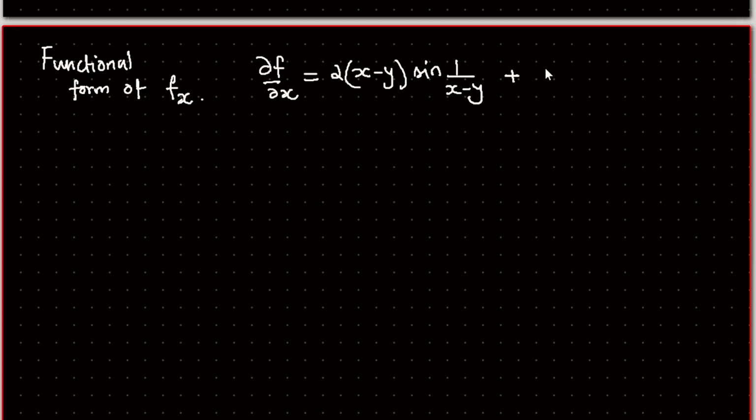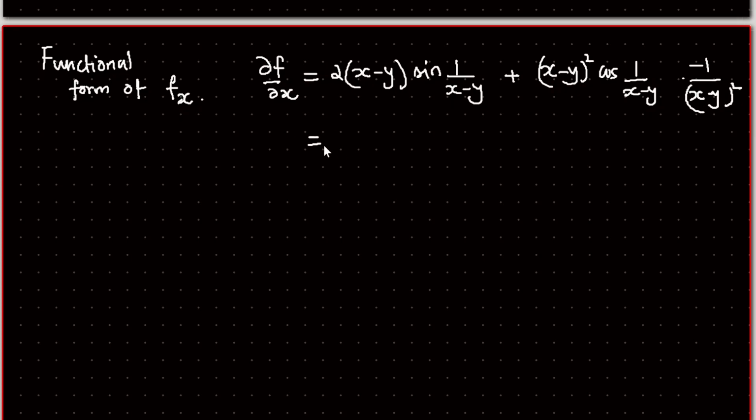If I take the derivative of f with respect to x, I get 2(x − y) sin(1/(x − y)) plus (x − y)² cos(1/(x − y)) times −1/(x − y)².